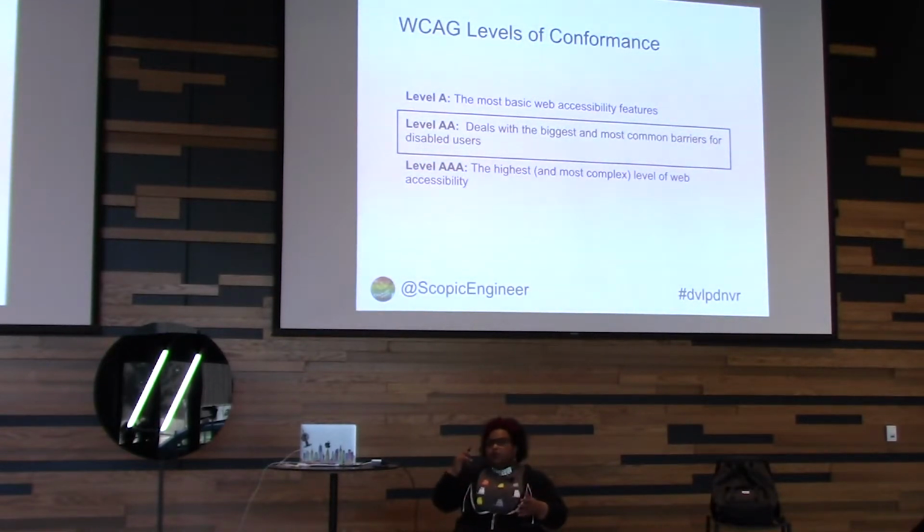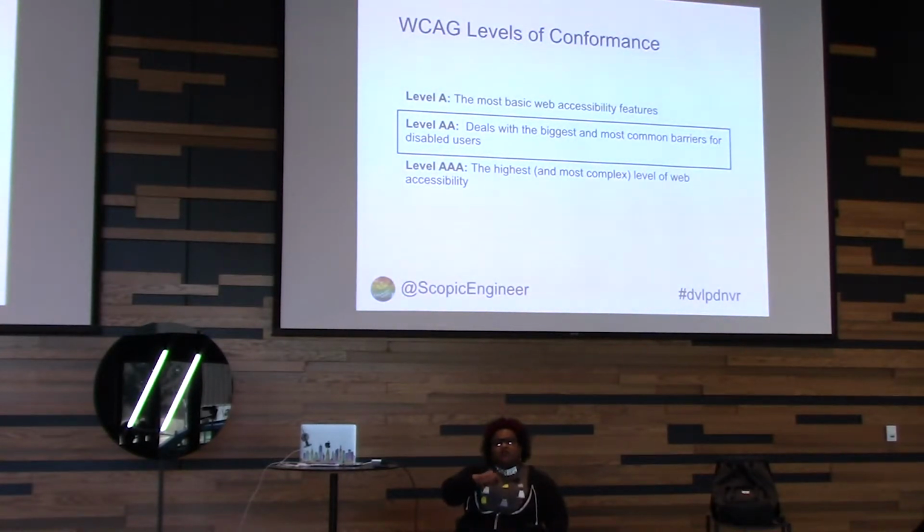If you have a legal requirement, that comes at level AA, and that's where you have to be to fulfill the legal requirement. Your application, your website has to be level AA, and that's been the way since last year.